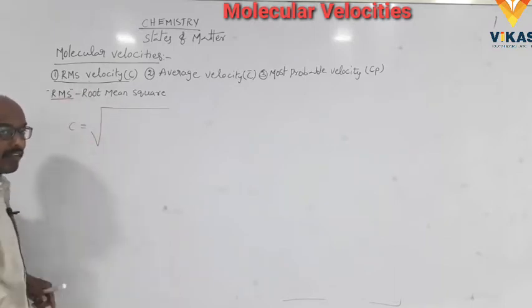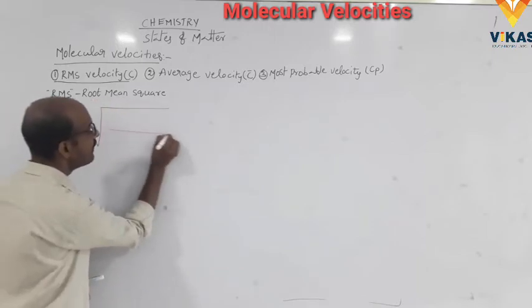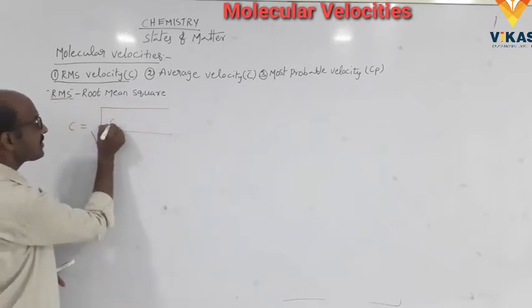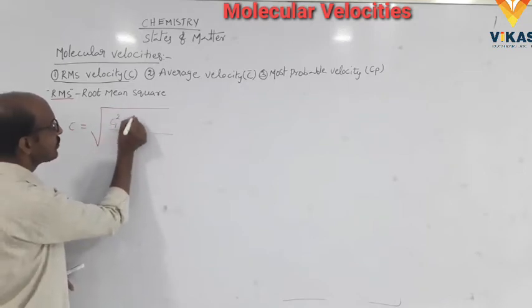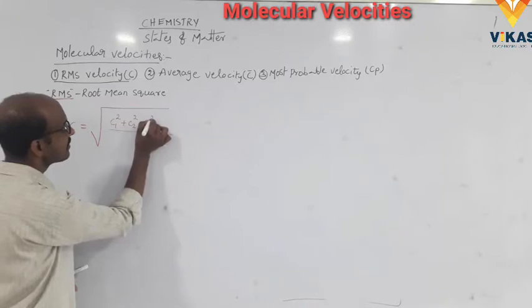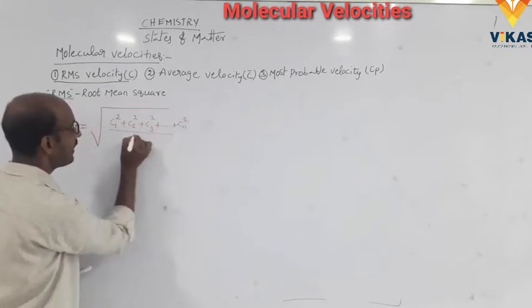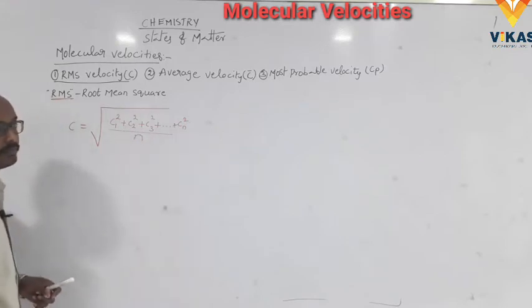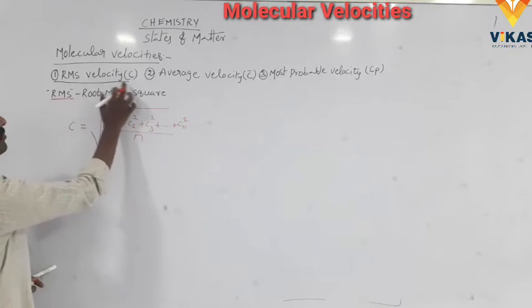As per the definition, it is the root of the mean of the squares of the velocities, C1 square, C2 square, and C3 square, and so on up to Cn square, divided by n, is called root mean square velocity.